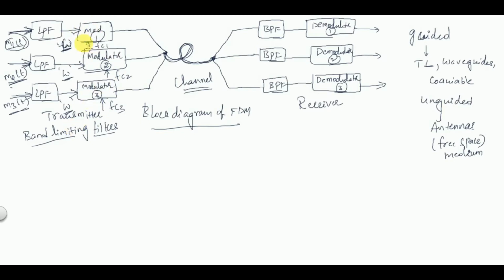The output signal from the first modulator is FC1 plus W, here FC2 plus W, and this is FC3 plus W, so the signals transmitted from the transmitter have different frequencies even though the message signals are of the same type. Using different carrier frequencies FC1, FC2 and FC3, we generate signals of different frequencies so that they can be differentiated in the channel and also at the receiver end.